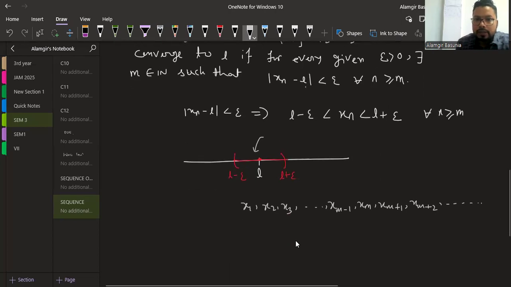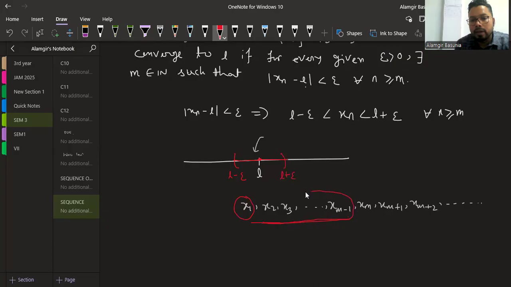That means x_1 may belong either outside or inside, and this may hold up to x_{M-1}. All these M minus 1 terms may lie outside this interval, either to the left of L minus epsilon or to the right of L plus epsilon.